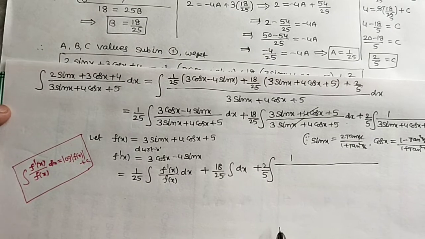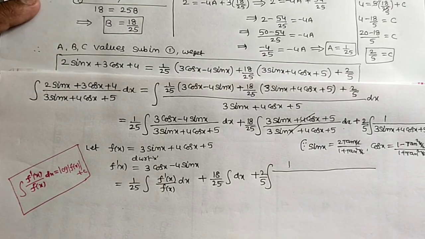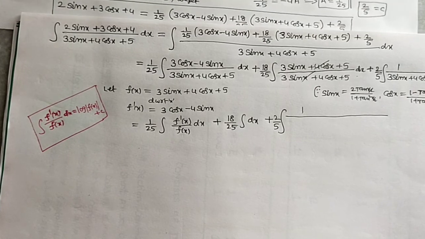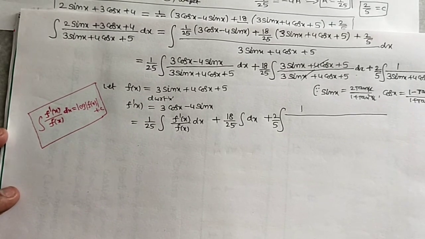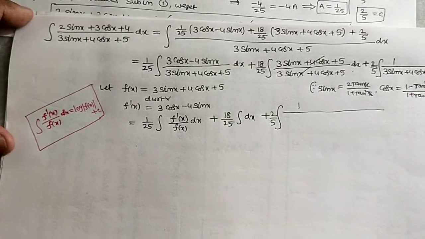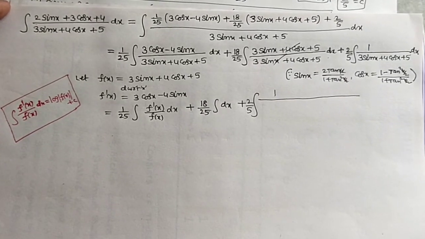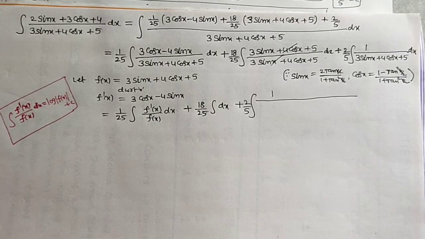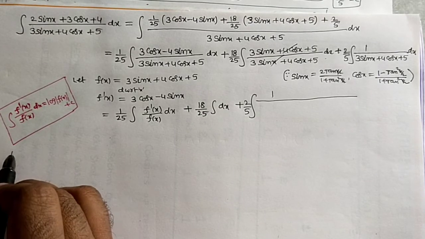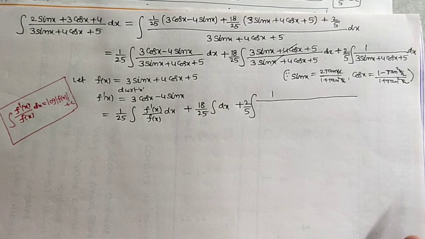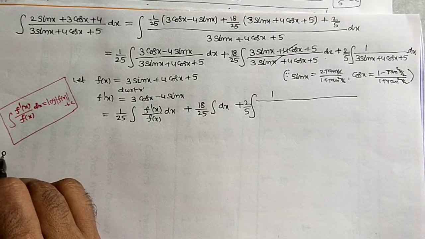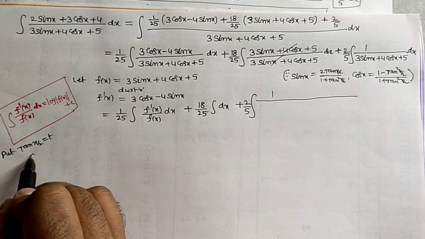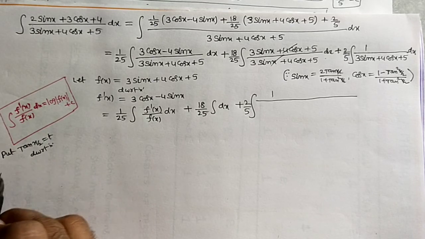So now move to the next step. See here I am writing, generally here I have to write but the place is not sufficient. So put tan x by 2 is equal to t, differentiate with respect to x, directly I am writing.